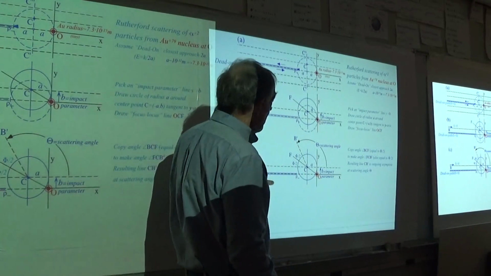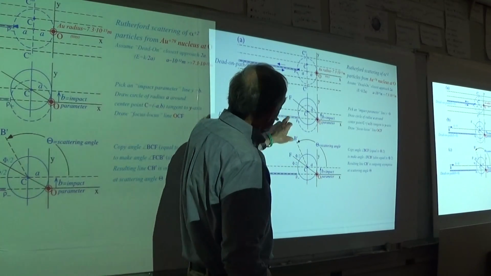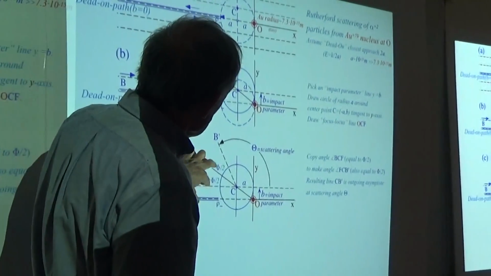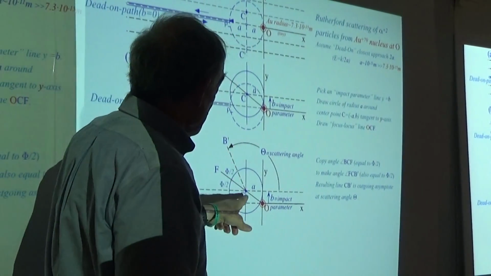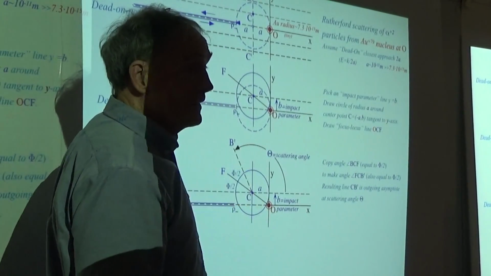And then the next step is to just copy the angle between the line, draw this line, and then copy that angle to there. And bingo, you found the direction this thing is going to scatter out on. It's that simple.